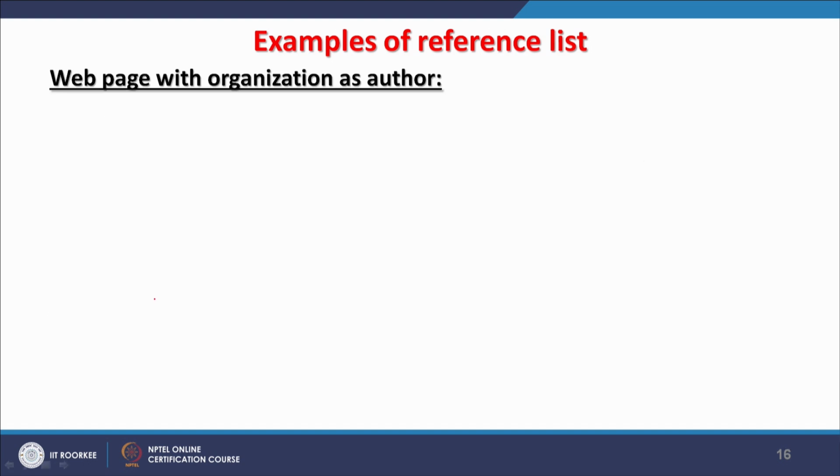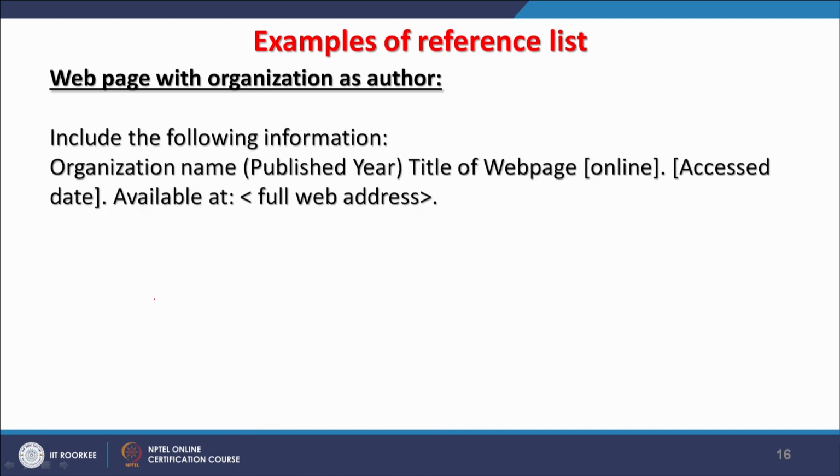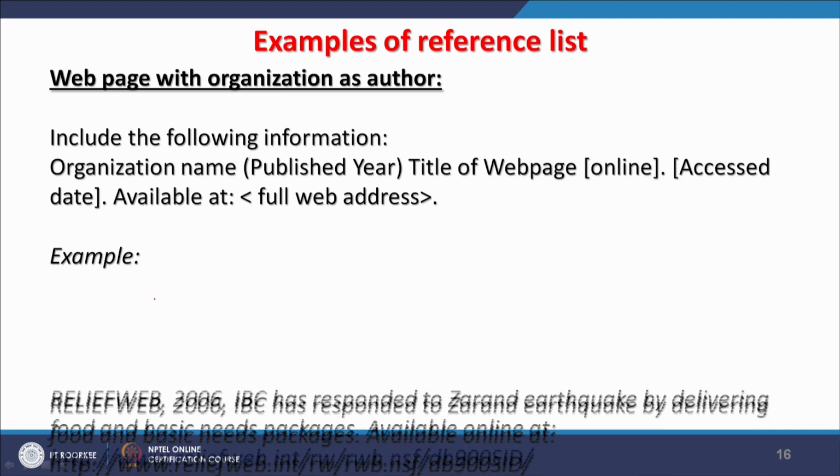Now, sometimes instead of an author, web pages are from an organization. So, almost in the same way, you write the organization name, publication year, title of the web page, and in brackets online, the access date, when you accessed it, and then the full web address should be given.